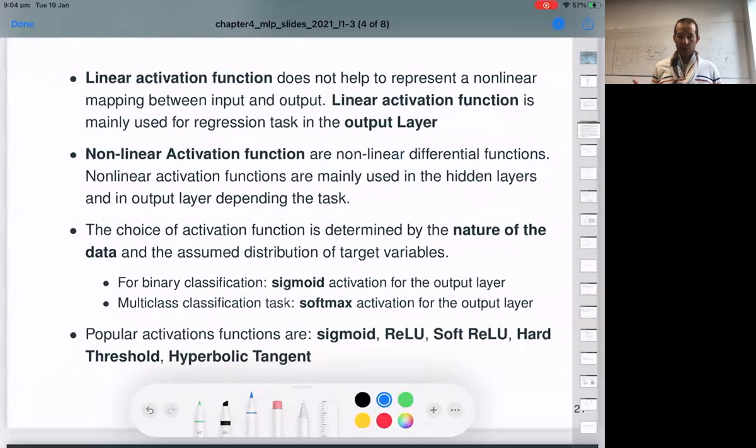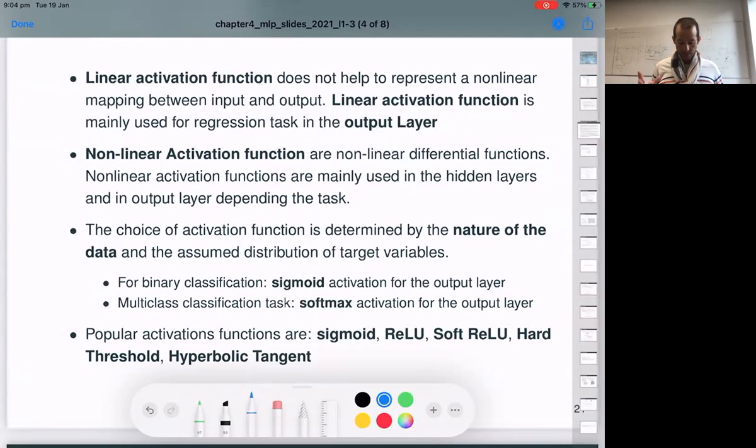We have seen we need activation functions. Why do we need them? Because if we don't put in a non-linear activation function, we will have something linear, so we will not gain anything in comparison to the linear model. The most popular activation functions are the sigmoid, which was chosen at the beginning.